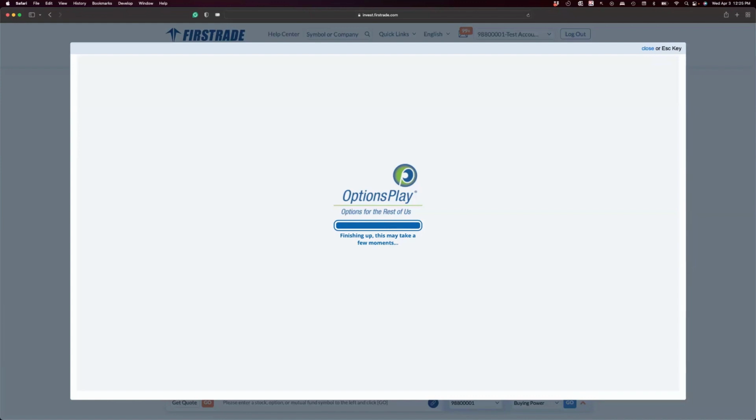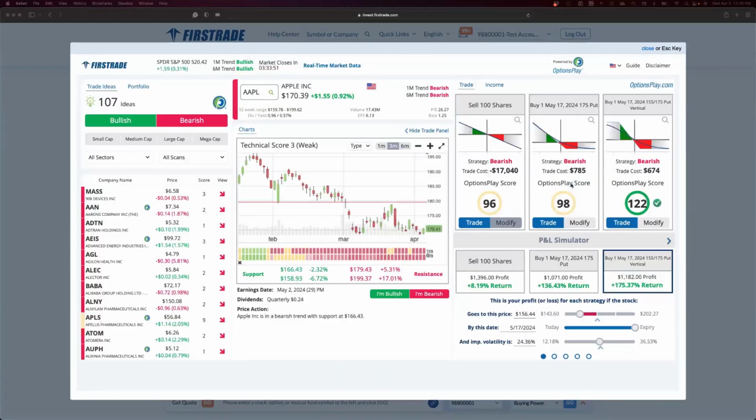Just give me 1 second to get this loaded up. I seem to always have some issues with Safari. Here we go.